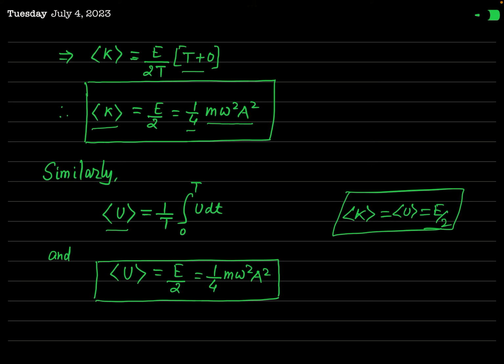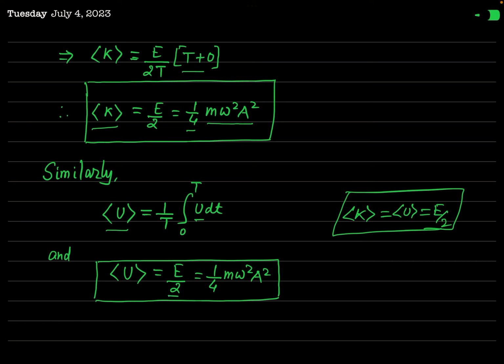And in a similar manner, the average value of potential energy will also be the same. For this, you substitute the value of the potential energy in this expression, and after calculation in a similar manner, you will get that the average value of potential energy of the oscillator in an interval equal to the period of the simple harmonic motion is also E by 2.